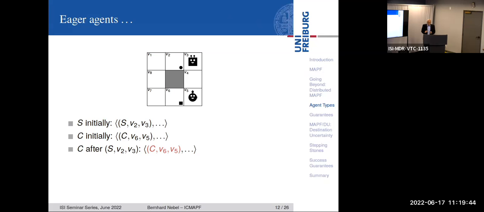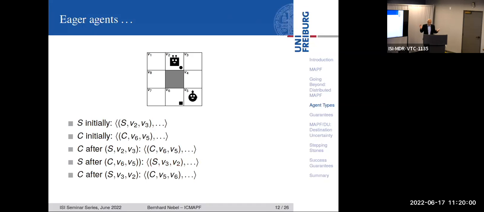And now the square agent, who thought the circle agent would go the other way around, thinks, okay, now I have to go back. And he goes back. And now the circle agent could now move up. But he's an eager agent. He wants to do something. And he does something and goes back. Well, that's stupid. But I've not said that eager agents are not stupid, right?